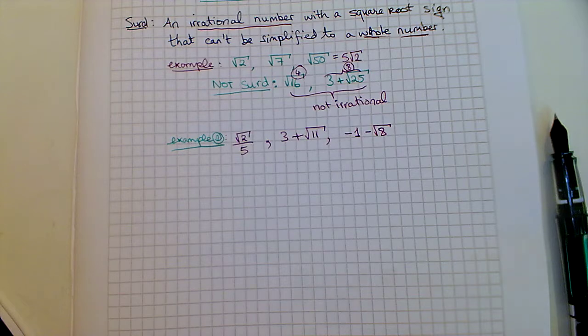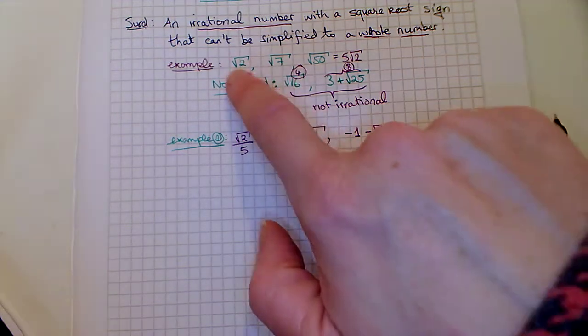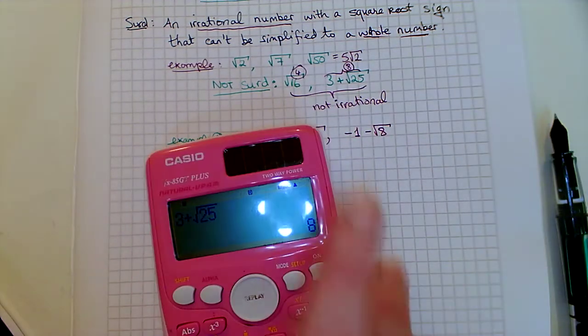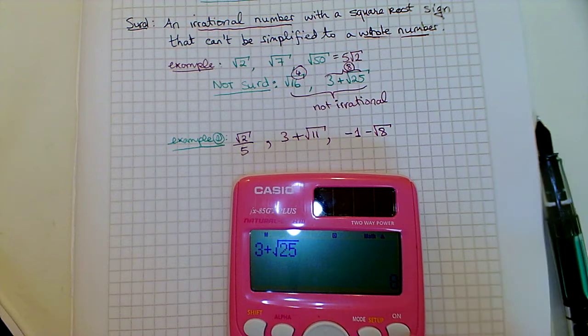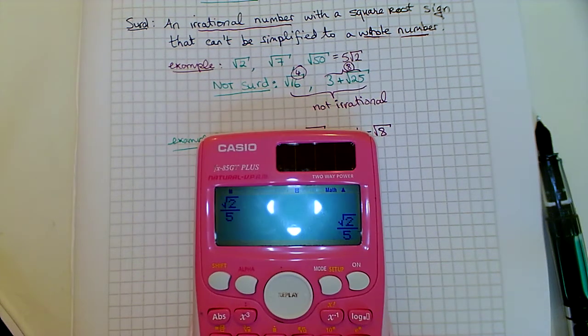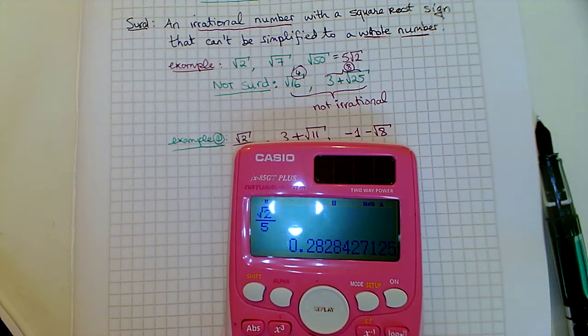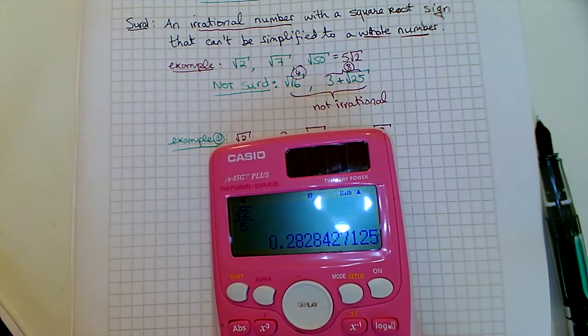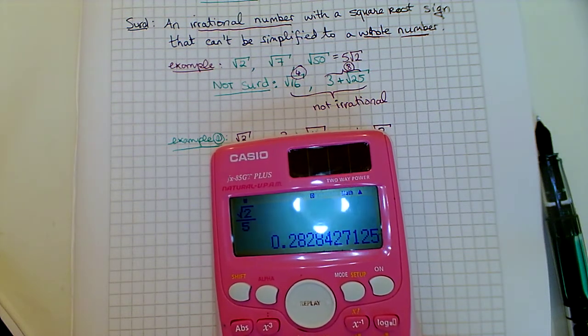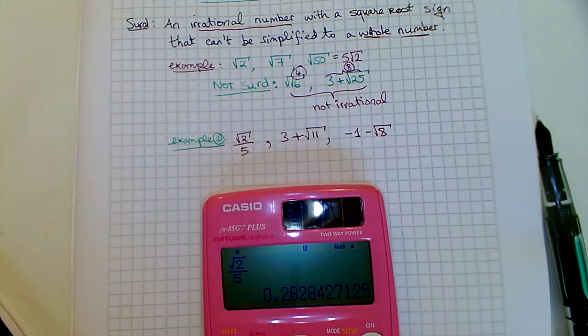Okay, so they're not just a square root on its own like this. If I put these into my calculator, the square root sign will remain in my answer. So the square root of 2 over 5 just stays as the square root of 2 over 5. And again, if I press my change button, I can see that I get a decimal that goes on forever and has no repeating pattern. 3 plus the square root of 11, same thing happening.